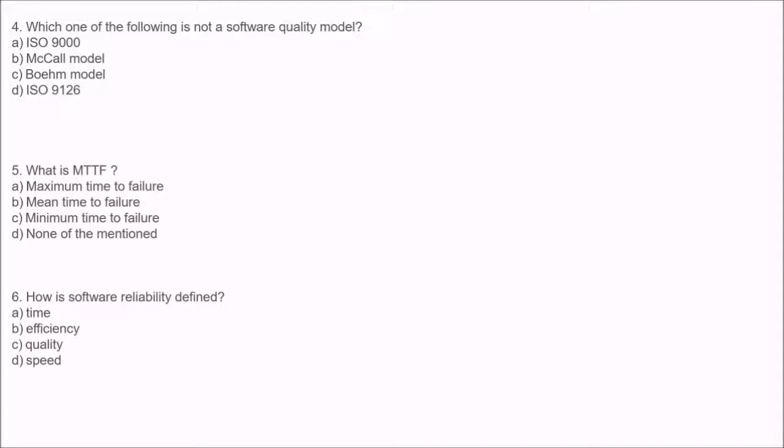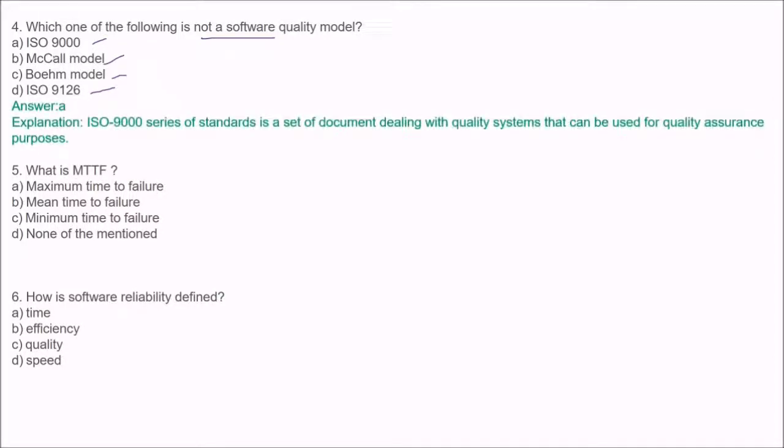Next is which of the following is not a software quality model? You need to be aware of the various software quality models which are there. ISO 9000, McCall, ISO 9126. The answer is clearly ISO 9000, because these are a series of standards, a set of documents dealing with quality systems that can be used for quality assurance purposes.